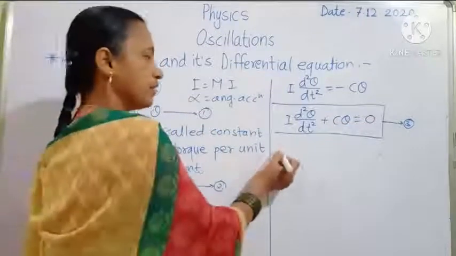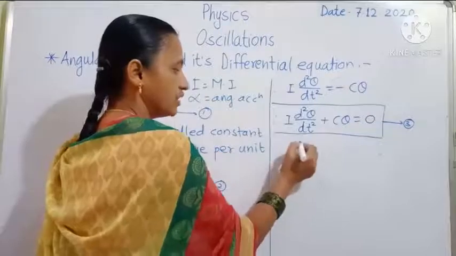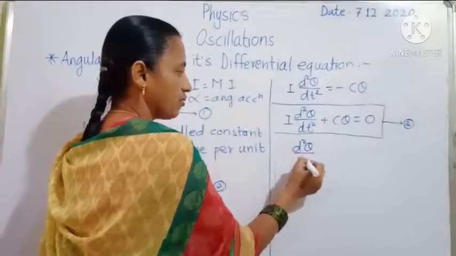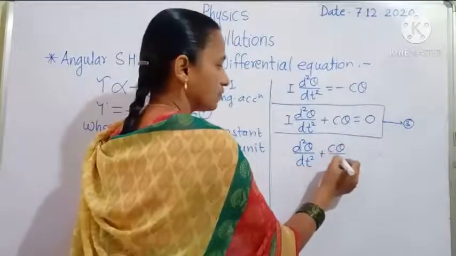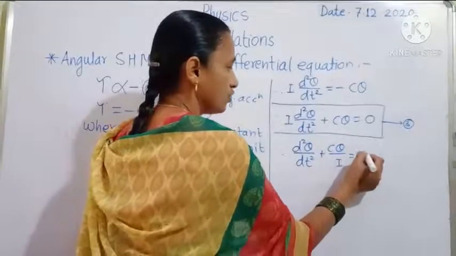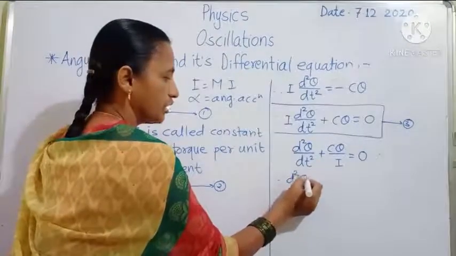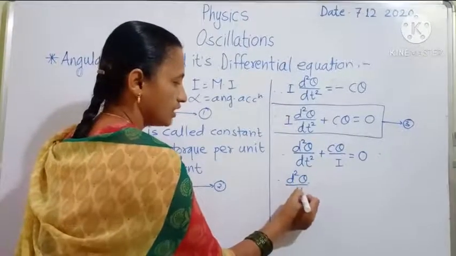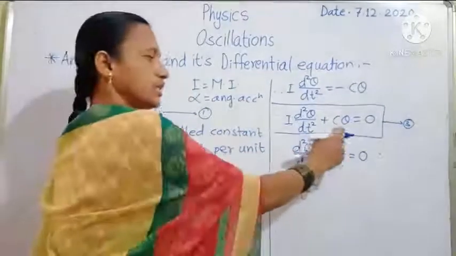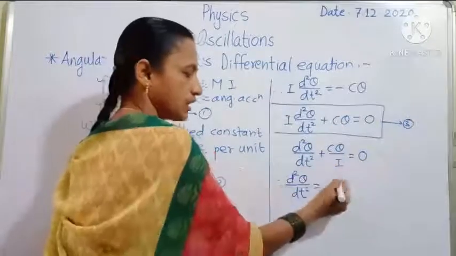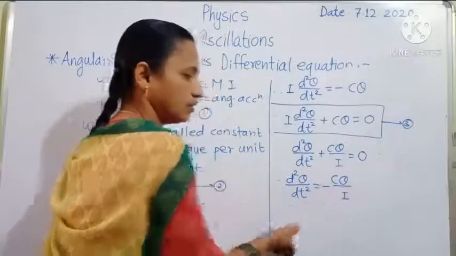If we divide by I on both sides, we get d square theta upon dt square plus c theta upon I is equal to 0. Hence d square theta upon dt square is equal to minus c theta upon I.